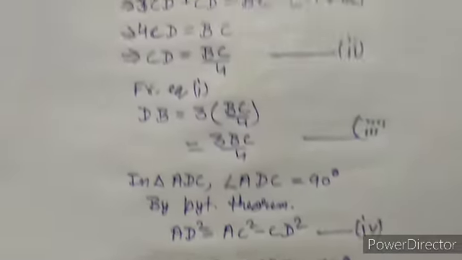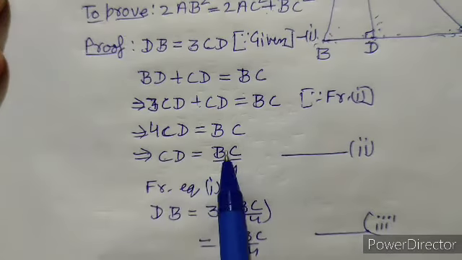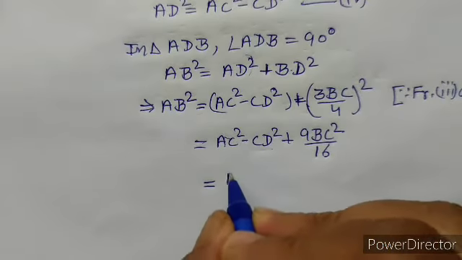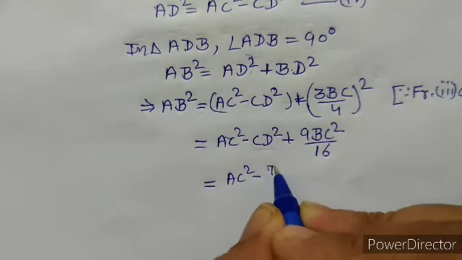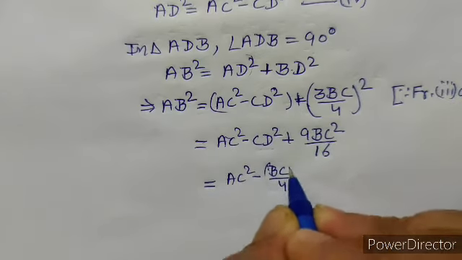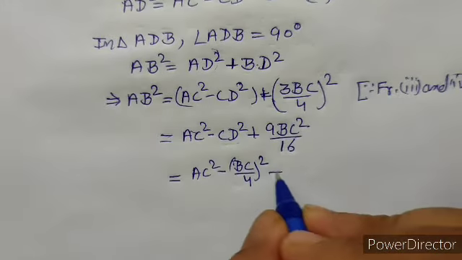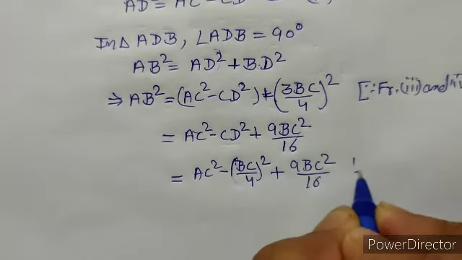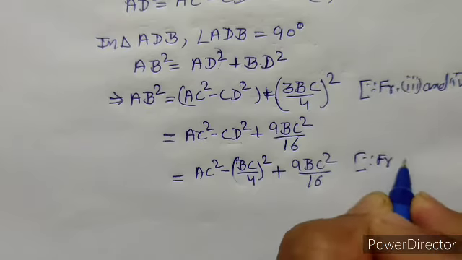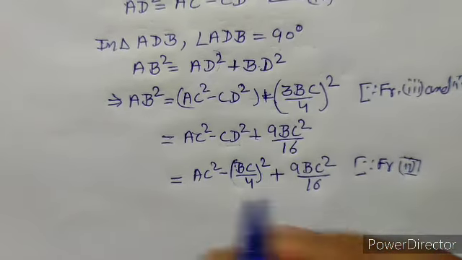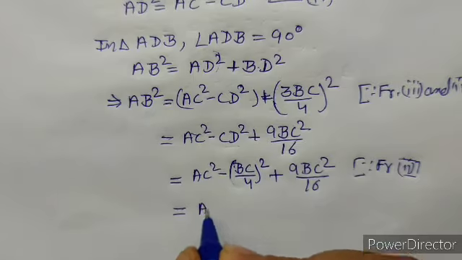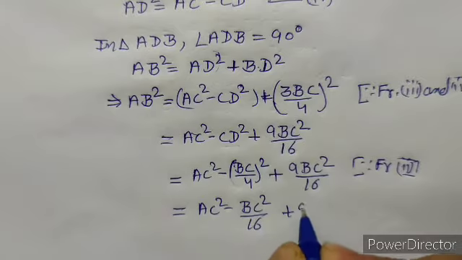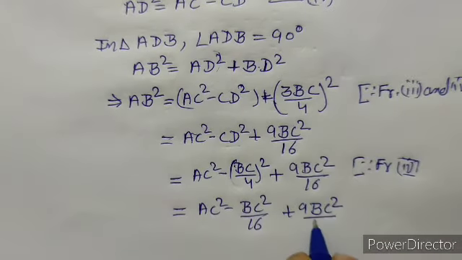As we know from equation 2nd, CD was equal to BC by 4. So CD square can be written as BC by 4 whole square, plus 9 BC square by 16, and that will give us AC square minus BC square by 16 plus 9 BC square by 16.